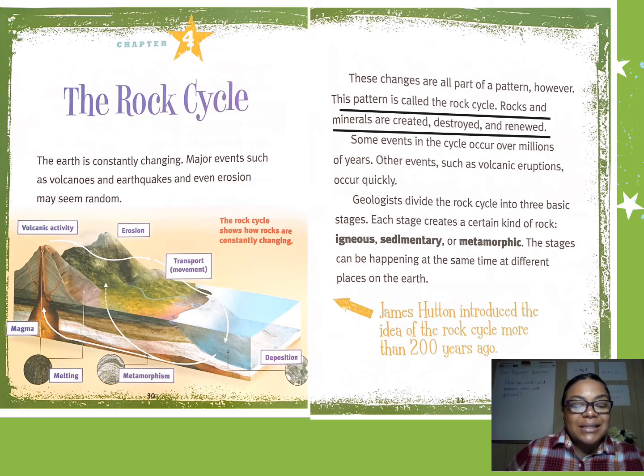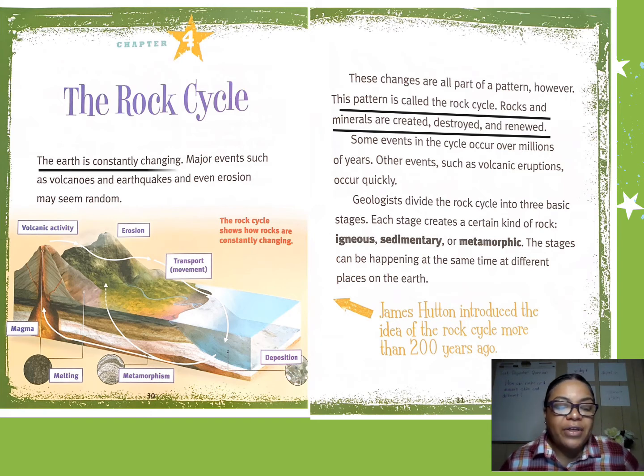Oh, and constantly. Remember that word from our vocabulary lesson? The word constantly, meaning ongoing. Okay, so now I know what it is. Now I have to know why it's important. So it's important, let me see, because the text is telling me that the rock cycle is constantly changing and shaping the earth through major events like volcanoes and earthquakes and even erosion.